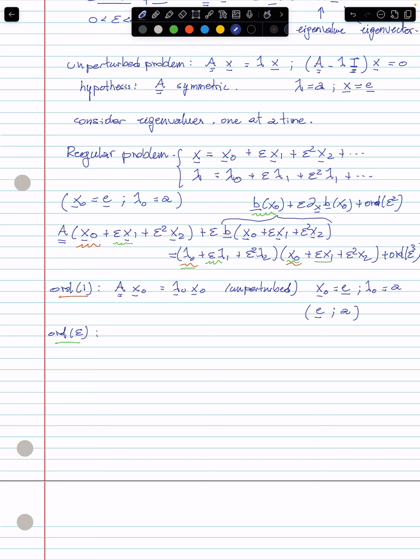There will be A times x1 plus b x0 is equal to lambda 0 x1 plus lambda 1 x0.